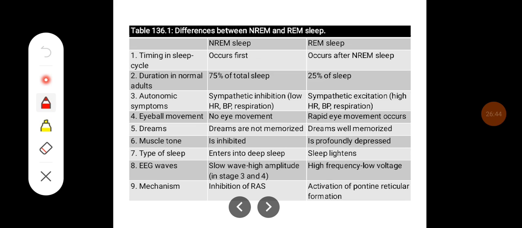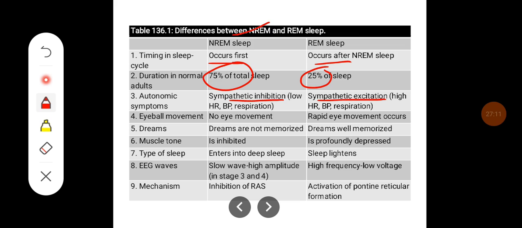These are some of the differences between NREM sleep and REM sleep, as we discussed. The NREM sleep occurs first, then the REM sleep. The duration of REM sleep is 25% of the total sleep. Autonomic functions: there will be sympathetic inhibition in NREM, that is low heart rate, blood pressure, and respiration.